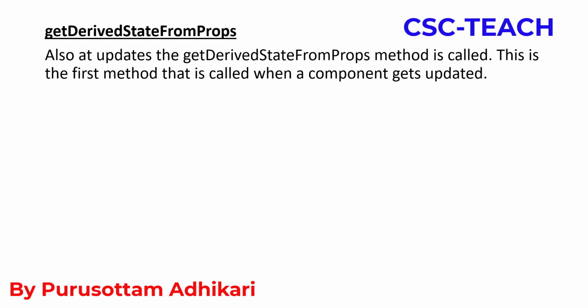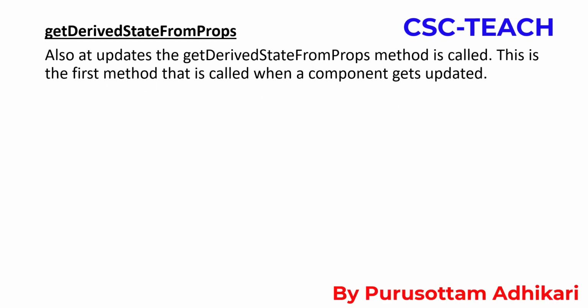Let's jump to getDerivedStateFromProps. When a component updates, the getDerivedStateFromProps method is called. This is the first method that is called when a component gets updated. It is invoked right before calling the render method, both in the initial mount and subsequent updates.